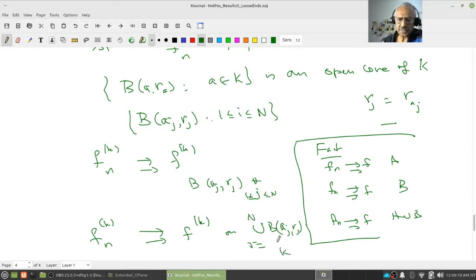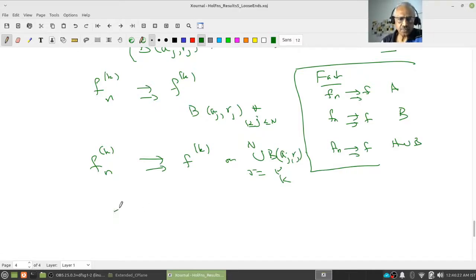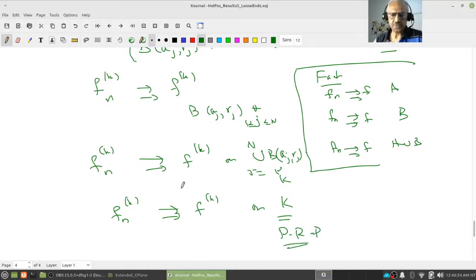But K is a subset of this, right? Therefore the kth derivative of F_n converges to the kth derivative of F on the compact set. This is a very trivial compactness argument. All of you should know this.